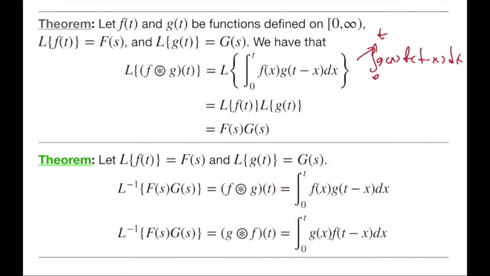It can be written here as well, because the convolution of f and g and of g and f are equal. So whenever you want to find the inverse Laplace transform of the multiplication of two functions, it is just the convolution of those functions.